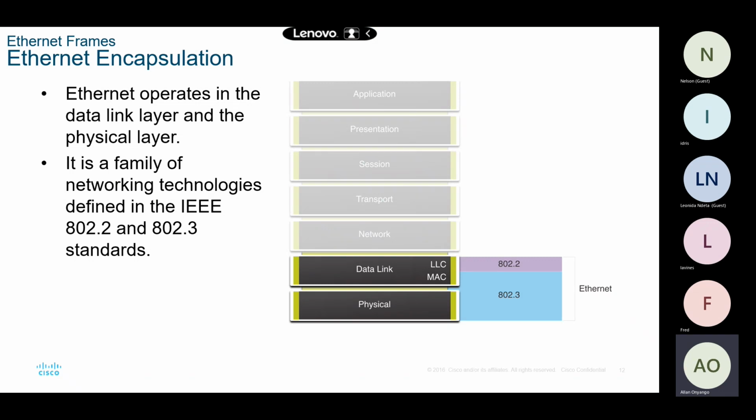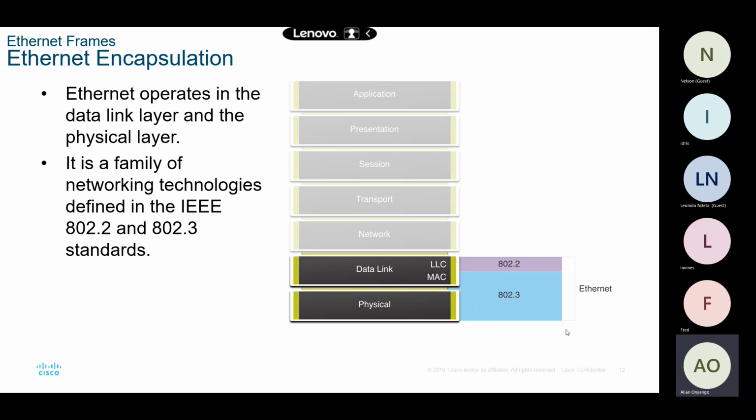We, of course, talked about the data link layer being divided into two sublayers. We have the LLC, the logical link control sublayer, and the MAC, the media access control sublayer. And then, of course, we have the physical layer there. Because we are talking about the Ethernet protocol, which normally operates within the data link and the physical layer.